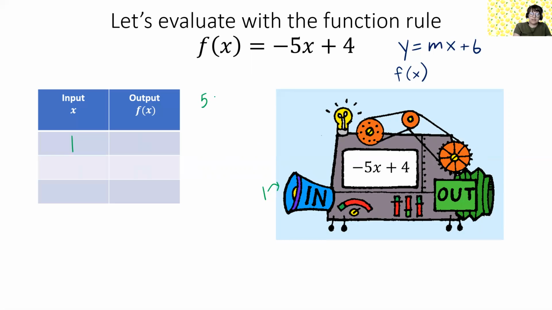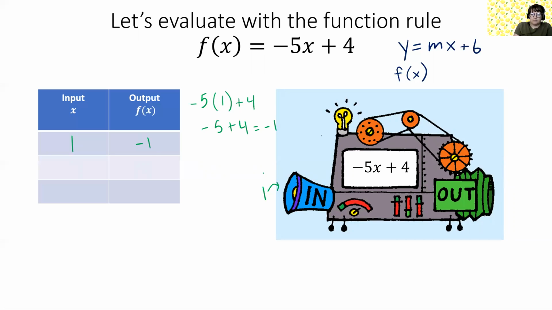When I put 1 in, I have to do -5 times 1 plus 4, because that's the rule of this machine, which is going to give me -5 plus 4, which is equal to -1. Okay, so a little more work involved for this rule.